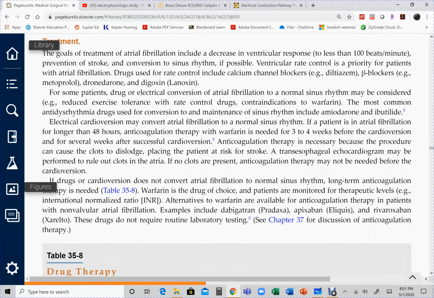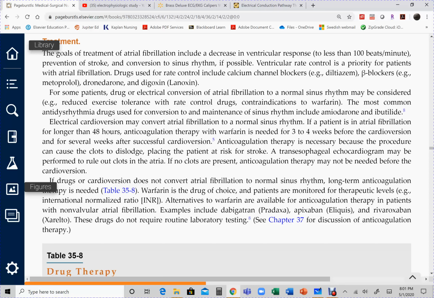You have to start anticoagulation. So I already discussed the management of anticoagulation in chapter 37, sorry, under DVT. So it's the same protocol.